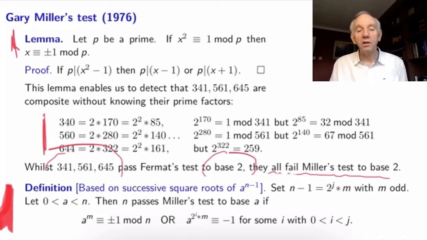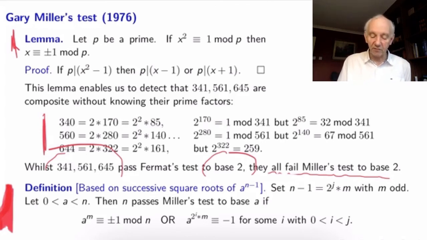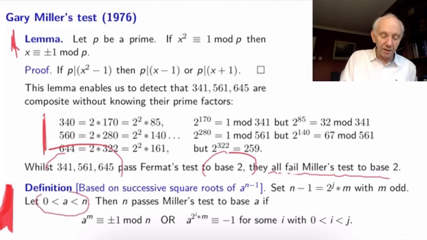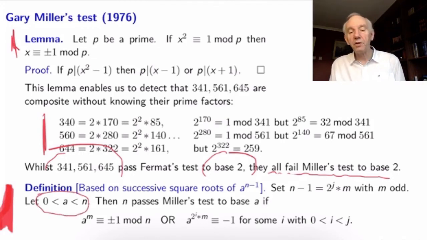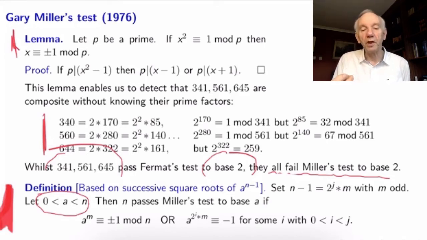So, as I say, it's based upon Fermat's little theorem. We're fixing a base a. It could be 2, or it could be anything up to n minus 1. We're fixing that integer a. Before I was just talking about 2, but this whole theory works for any such integer.